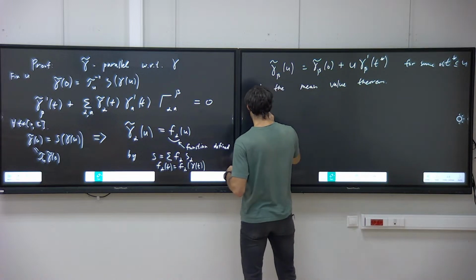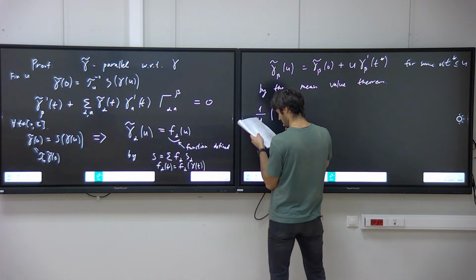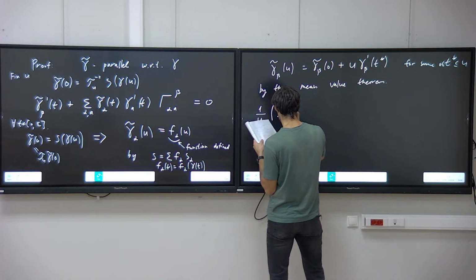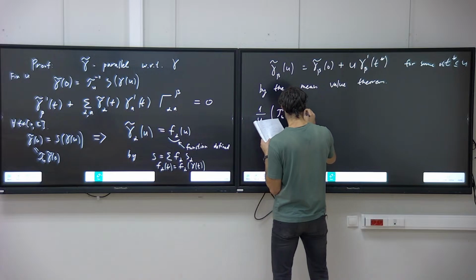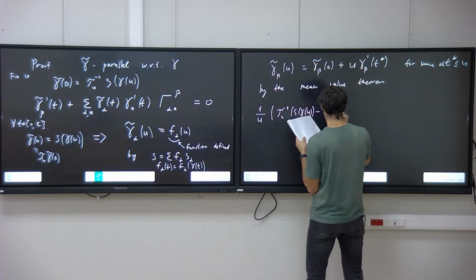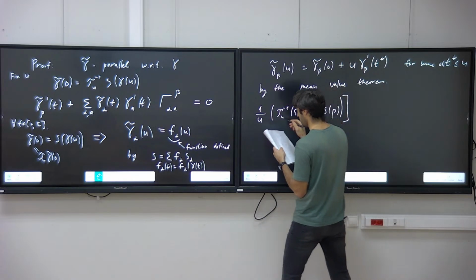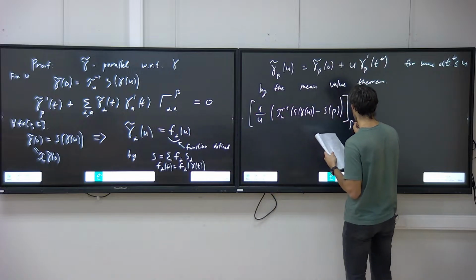So I have 1 over u, tau u inverse s of gamma of u minus s of p, and then I take the beta component of that.